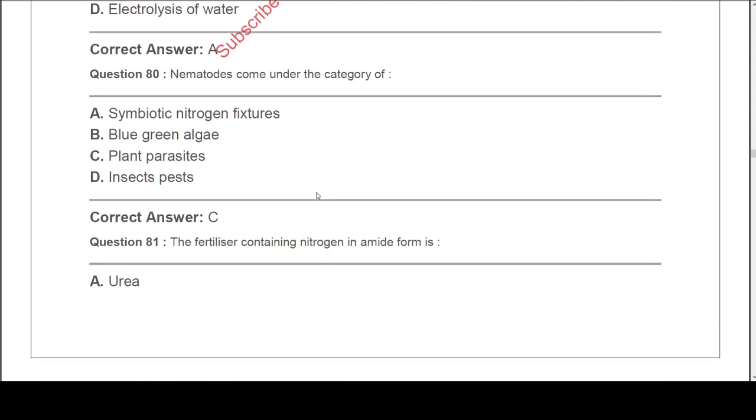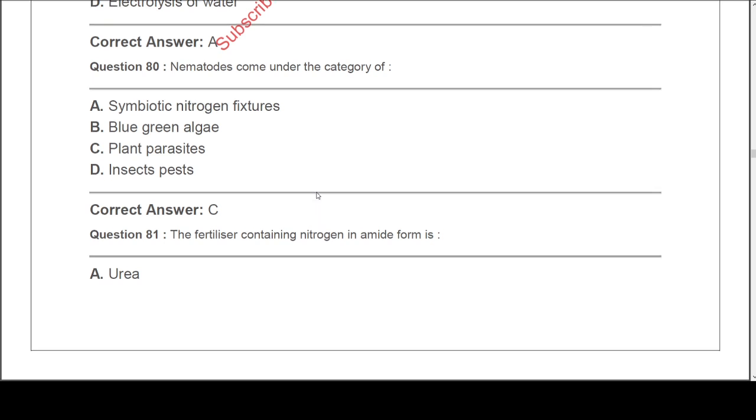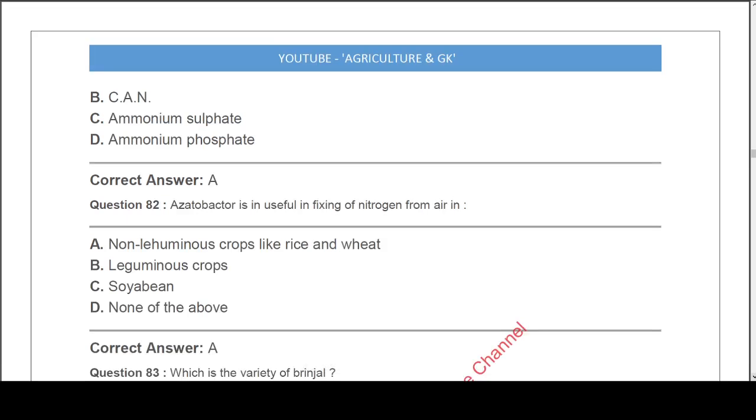Nematodes come under the category of plant parasites. Option C. The fertilizer containing nitrogen in amide form is option A itself, urea. Azotobacter is useful in fixing the nitrogen from air in option A, non-leguminous crops like rice and wheat. In case of a leguminous crop, it is rhizobium.